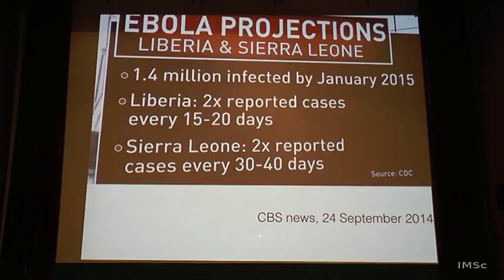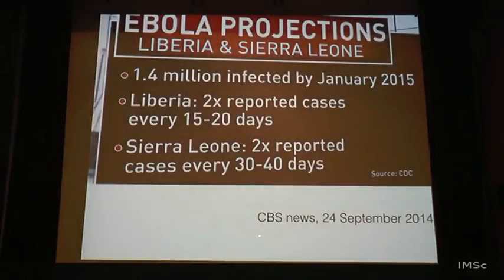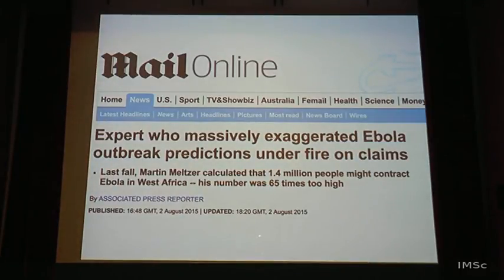The thing is that, as I'll show you after, the epidemic declined quickly, and so this guy had some journalists at his door asking why your model shows 1.4 million when there are 65 less cases actually.